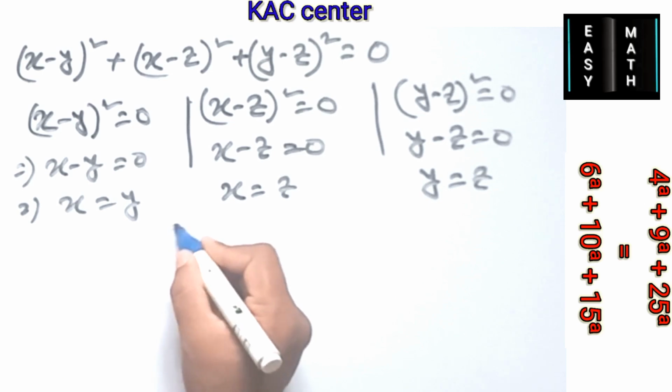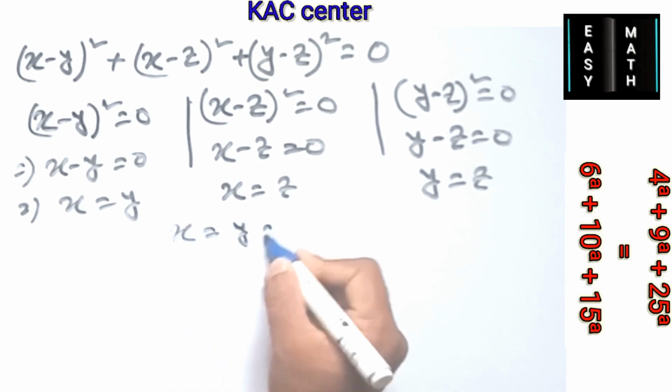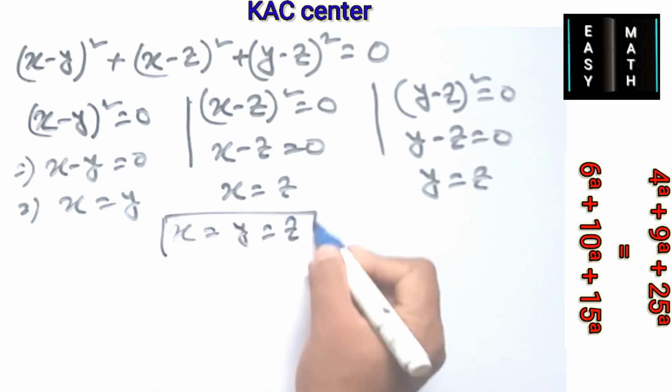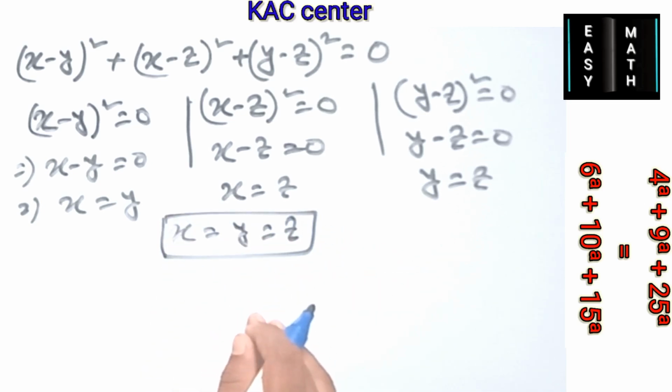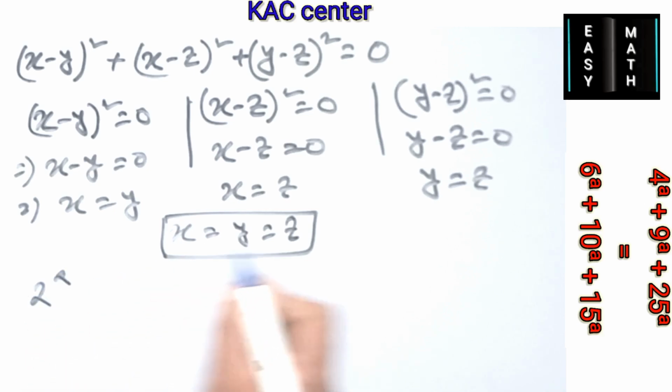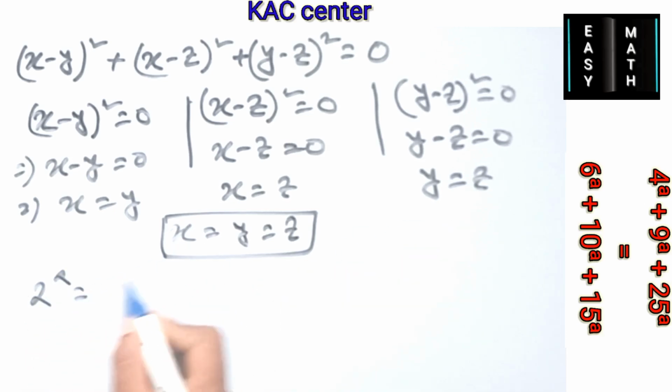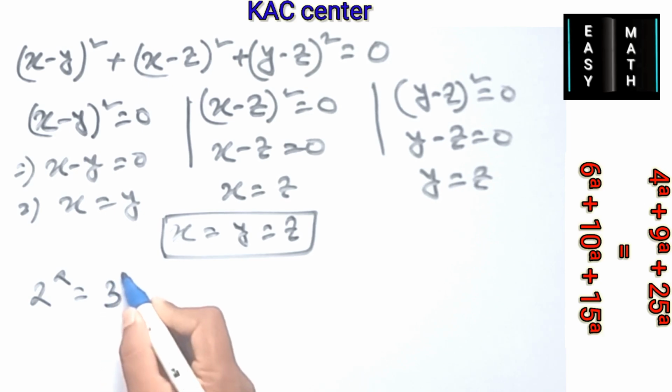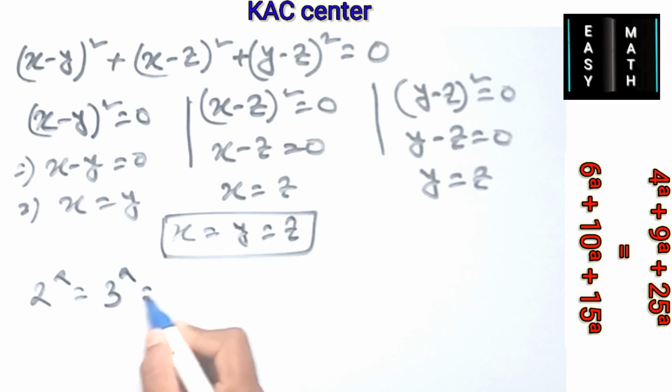From here we can write x equals y equals z. So 2 to the power a equals 3 to the power a equals 5 to the power a.